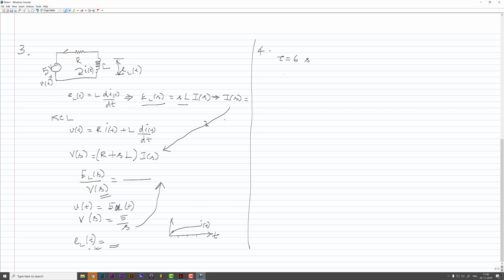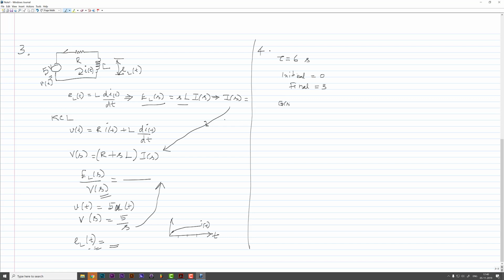So you are asked to find out the transfer function and also the response in time domain. Initial value is 0 and final value is 3 units. Okay, these are the data given, and also it is given as a first order system.